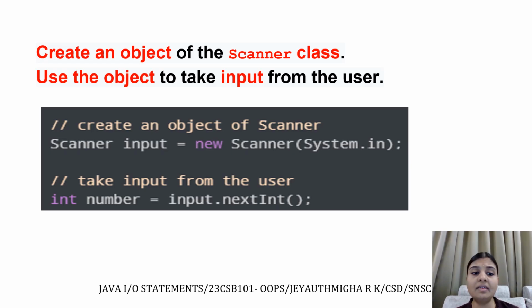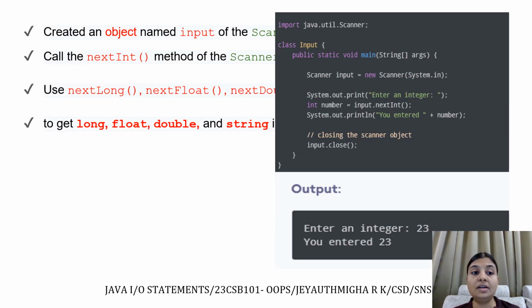Since the program has to accept an integer value, we have a variable to which we have assigned the value that is entered by the user. So this object will accept the entered input value from the user and assign it to the variable number.